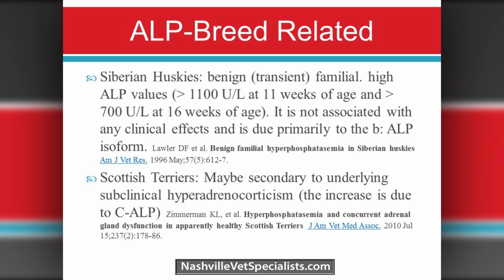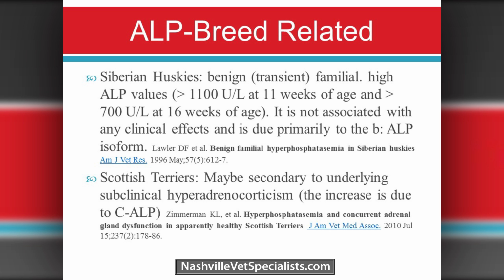But this is also the population that is predisposed to Cushing's. We felt like maybe the reference range for a Scotty should be different, that it should be higher. Then a more recent study that looked at all these Scotties thinks it's actually all subclinical hyperadrenocorticism, so they don't require any treatment, but their ALK-Phos will be quite high. And it's all due to the steroid-induced C-ALP.